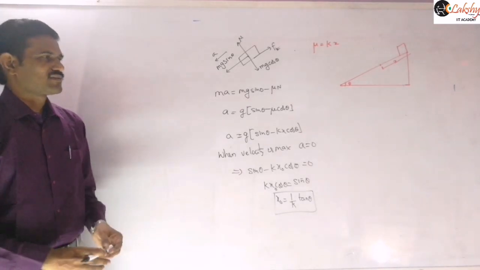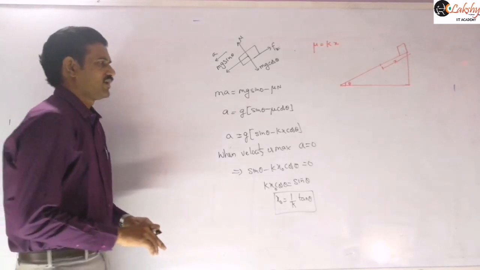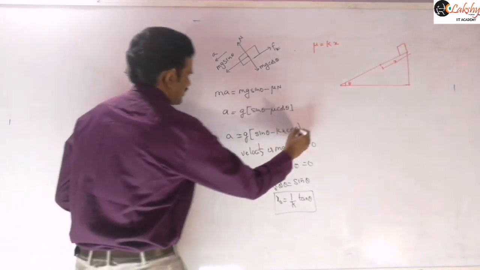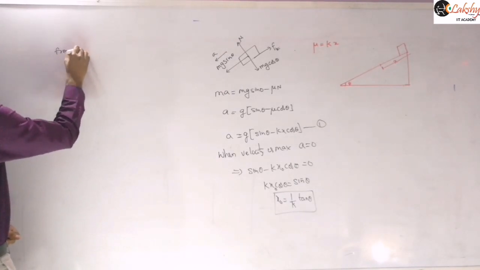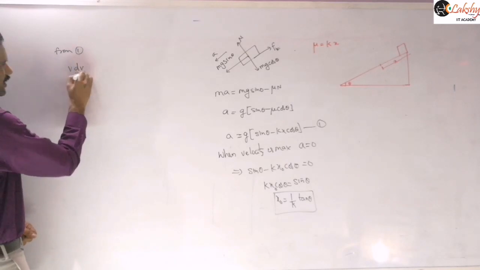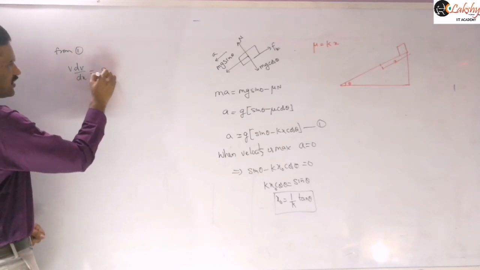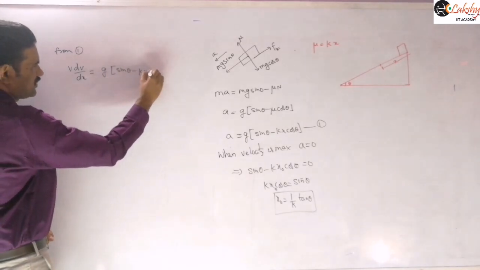And now we need to find the maximum velocity of this object here. To find that, this is our equation 1. From equation 1 I can write v into dv by dx equal to g of sin theta minus kx cos theta.